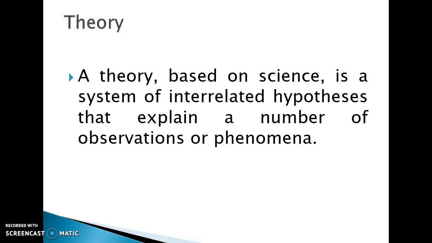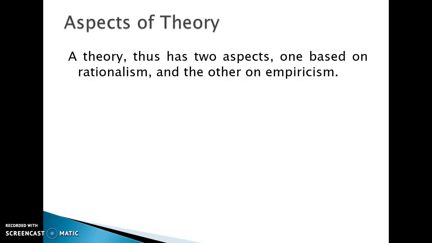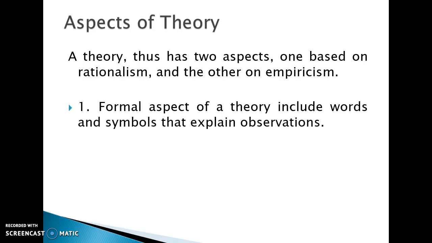All right? So a theory based on science is a system, and think about a system, different parts, of interrelated hypotheses that explain a number of observations or phenomena. Here are some aspects of a theory. A theory has two aspects, one based on rationalism and the other on empiricism.